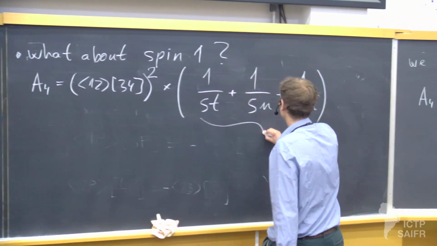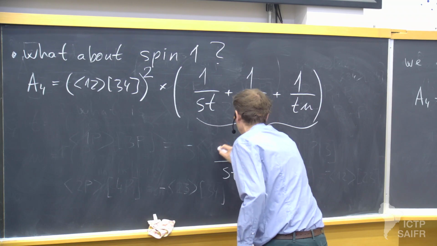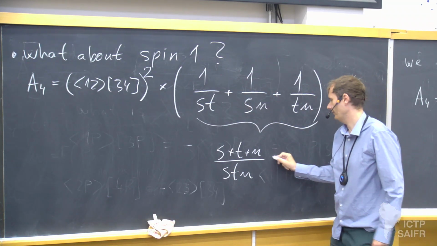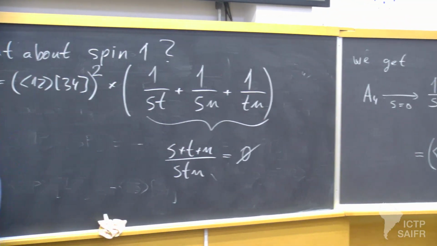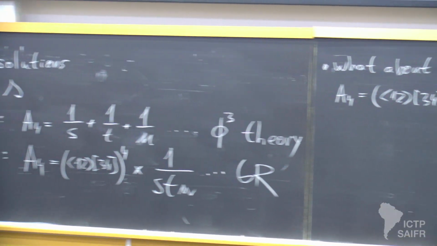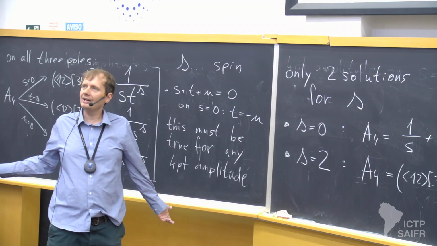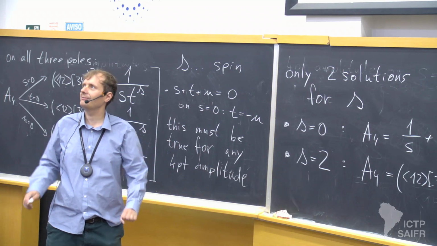The problem is that if you put it under common denominator, this amplitude is S plus T plus U, which is 0. So we don't have this problem with higher poles, but the only reasonable thing that we can write is 0. Which means there is no self-interacting spin 1 theory if we don't dress it with something else.